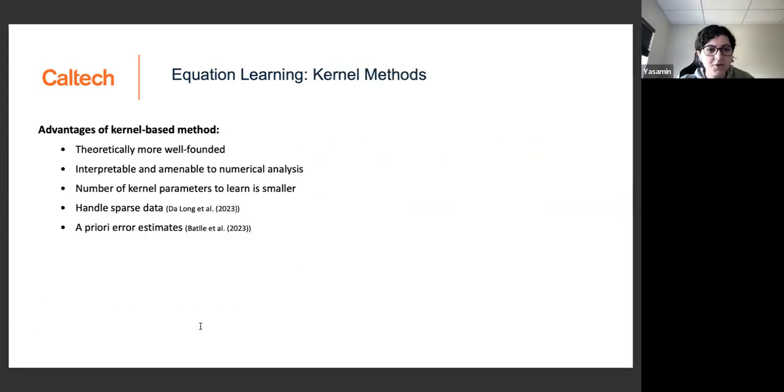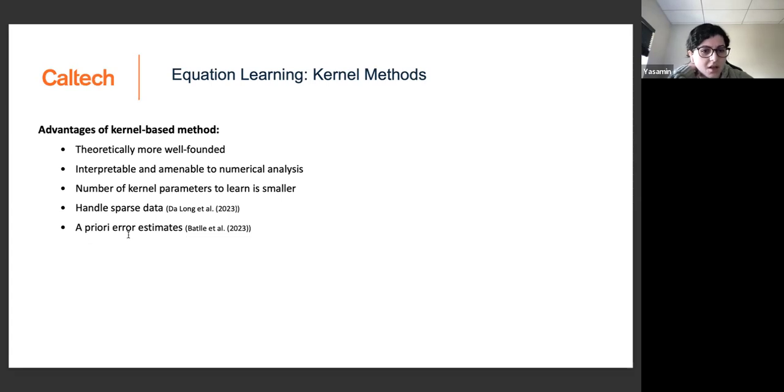Now, why we chose kernel-based methods. There are some advantages to doing that, but in particular, it's interpretable and amenable to numerical analysis, and that's something that we worked on in this paper. Usually the number of kernel parameters to learn is smaller. Then it handles sparse data, and it also comes with a priori error estimates.